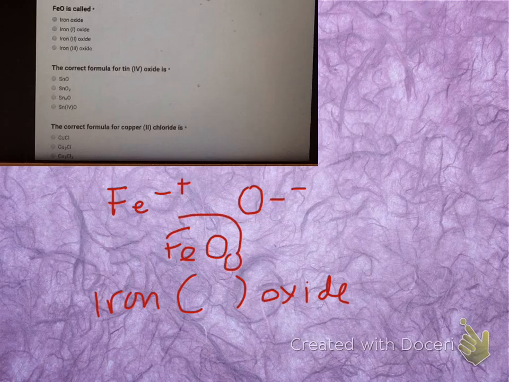If we take our subscripts and back cross, that would get us 1 and 1. But there's a problem. Does oxygen form a -1 ion? It forms a -2. So we know that this must have been simplified, so this must have been iron 2 oxide.